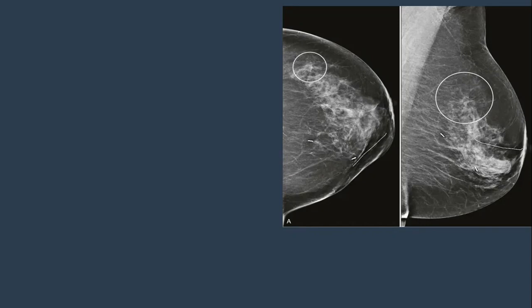Surgical clips. Yes, so the patient has had a previous intervention. And what about this circle? It demonstrates what? A focal area of architectural distortion. Yes, there is a focal area of architectural distortion.